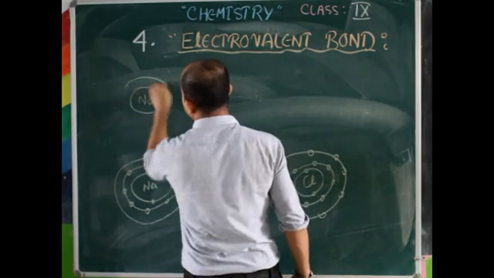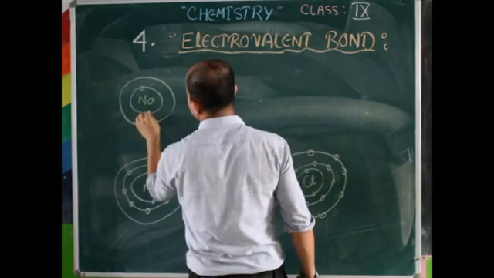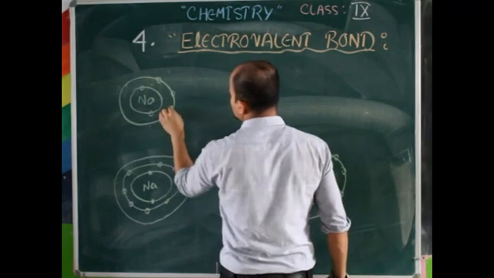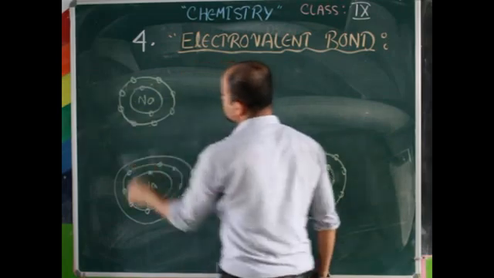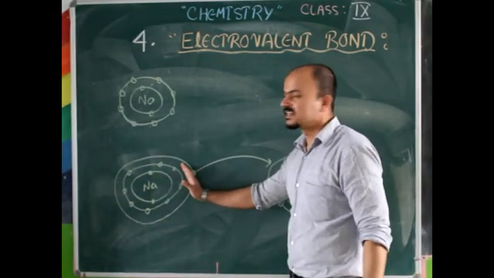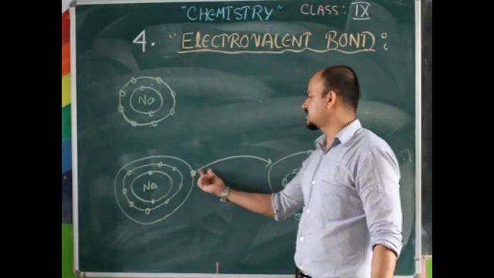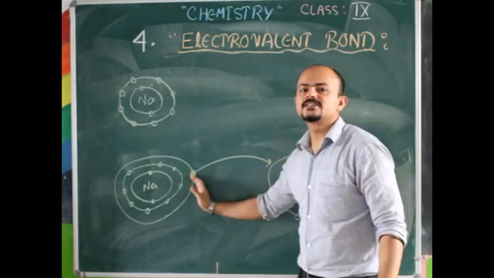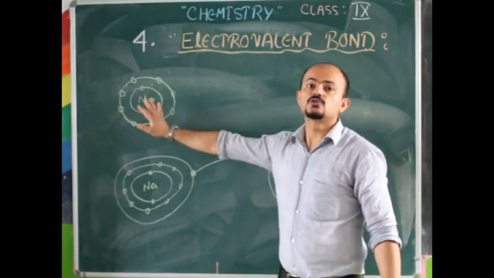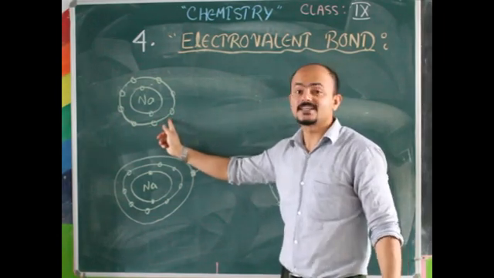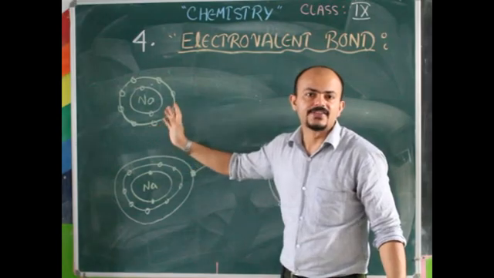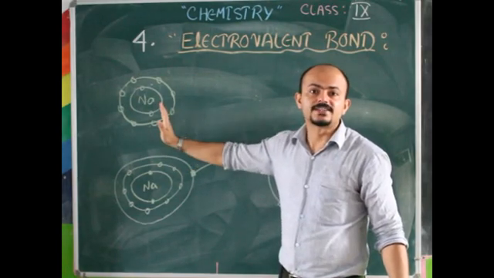That means it is left with only 2 cells, with 2 electrons and 8 electrons. The outermost cell contained 1 electron, which has now been donated to chlorine, so this cell is not present. It's left with only 2 cells, and the second cell becomes the outermost cell, which contains 8 electrons. And this is now very stable.